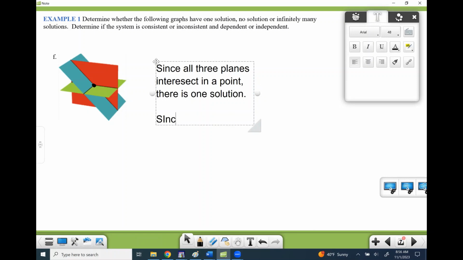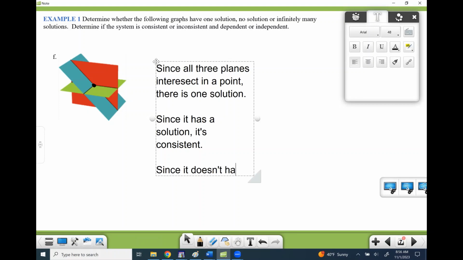Since it has a solution, it's consistent. And since it doesn't have infinitely many, it's independent.